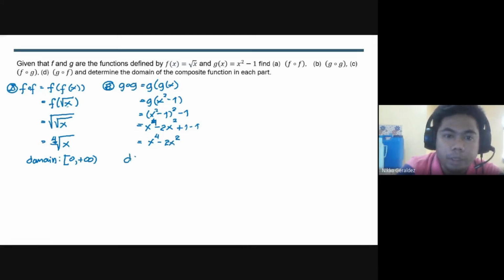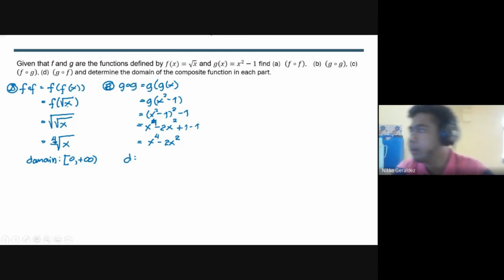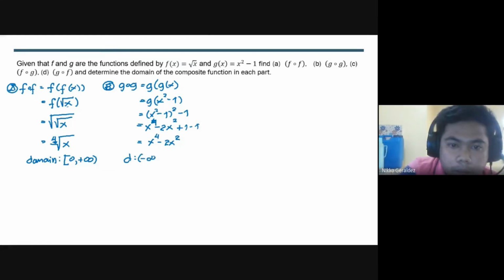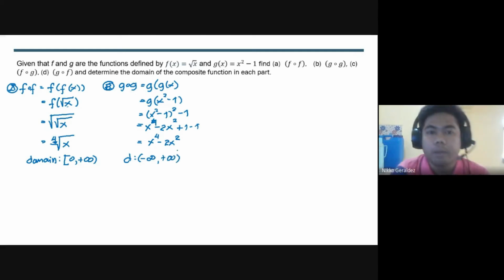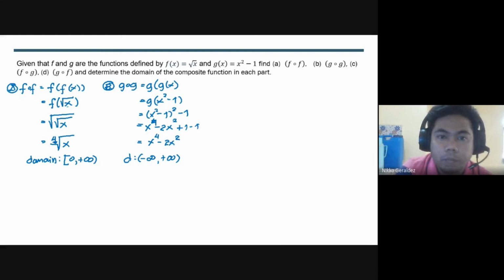So what is the domain? All real numbers, or negative infinity to positive infinity. The input function's domain, x squared minus 1, is also all real numbers.